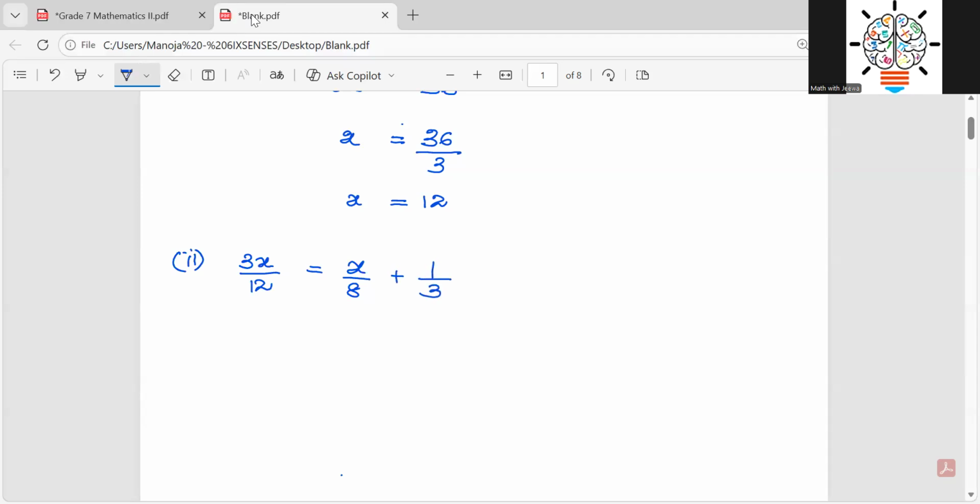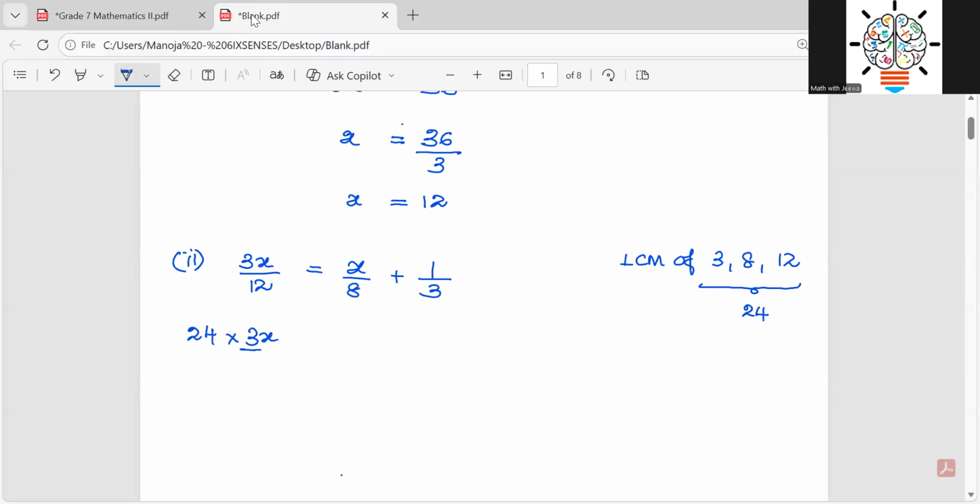When you come across this kind of situation, first you want to get the LCM of 3, 8 and 12. You can find the LCM, so then it gives you 24. Once you are done with that, what you are supposed to do, children, you multiply each fraction by 24.